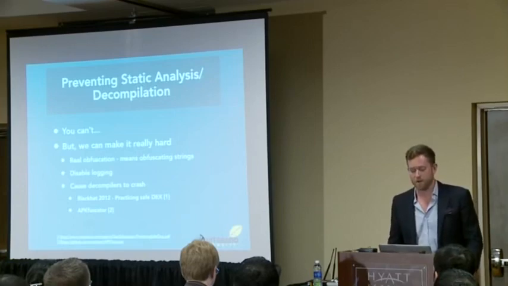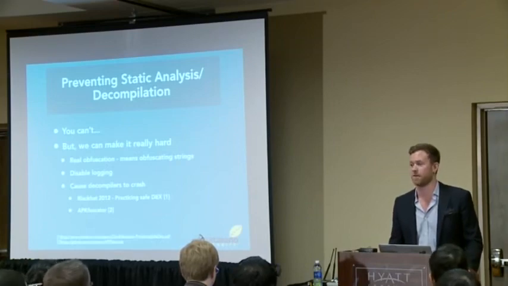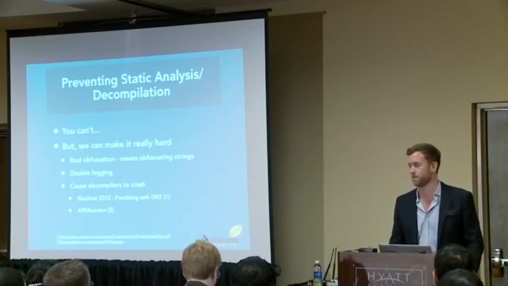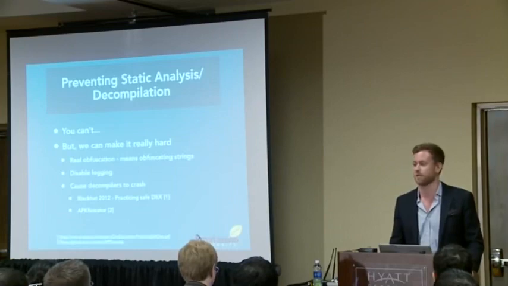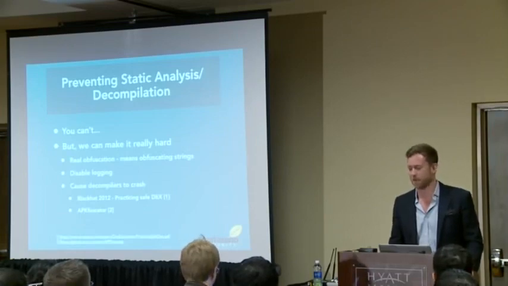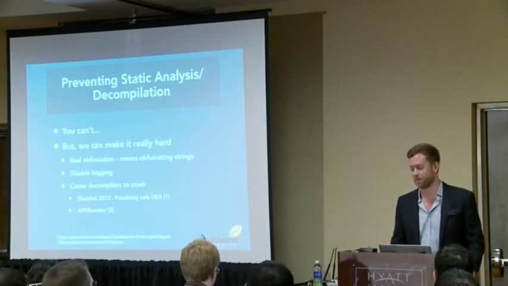And at Black Hat this year, there's a really cool talk called Practicing Safe Dex that showed techniques that would cause the decompilation tools to fail and crash, but would allow the application still to run on the operating system perfectly fine. It reminded me of old anti-reversing tools in the Windows days. They would create a class that had an invalid bytecode in it, and it would never be used through the application at all.